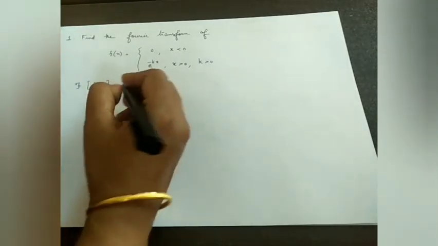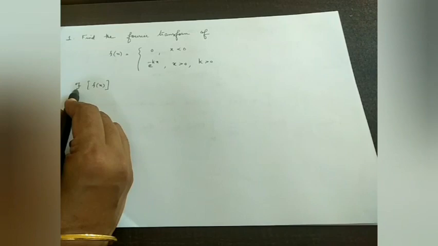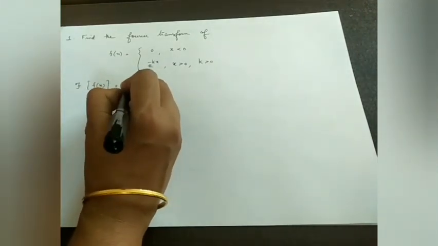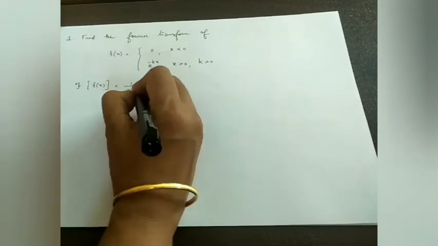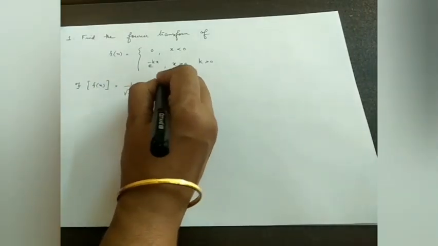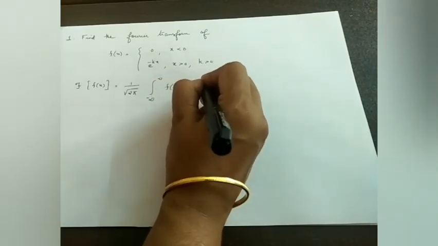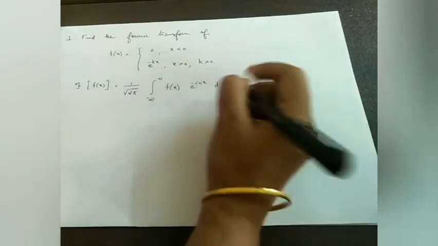Therefore we use the notation like this, Fourier transform of f of x. We know that it is equal to the formula 1 by root 2 pi integral from minus infinity to infinity f of x e raised to minus i omega x dx.